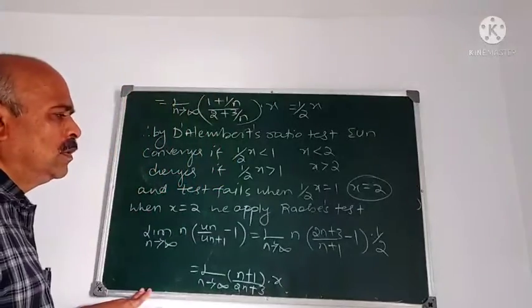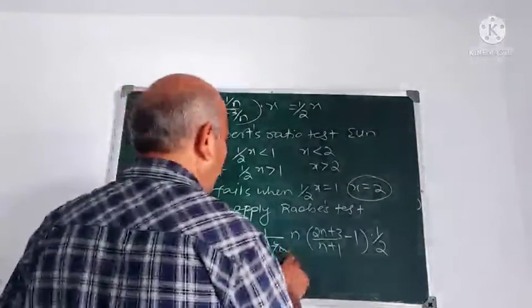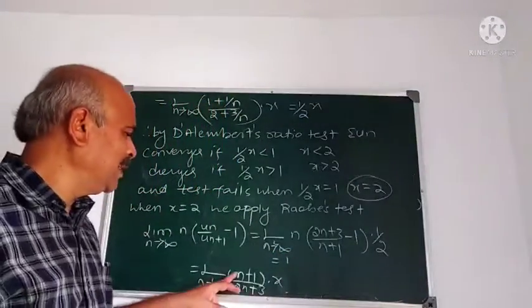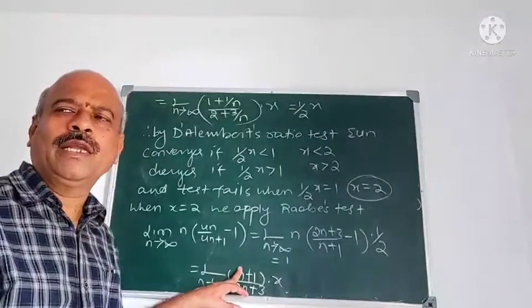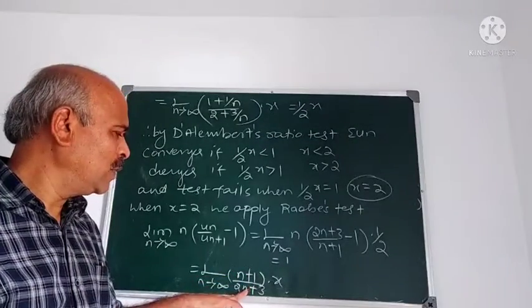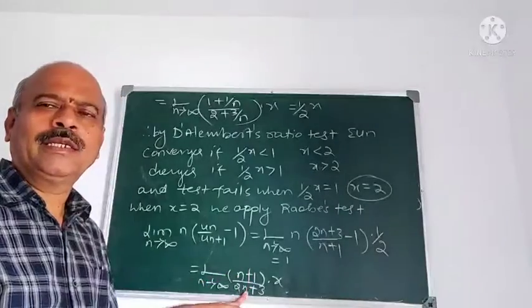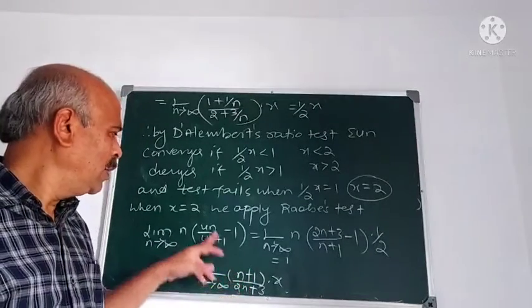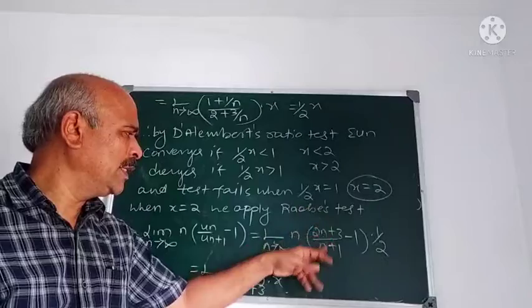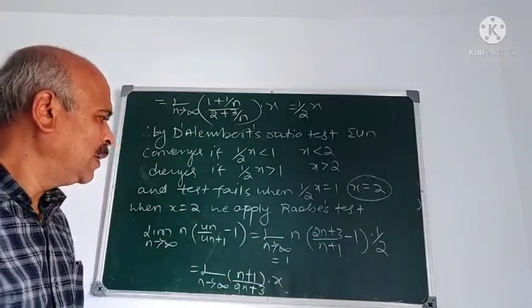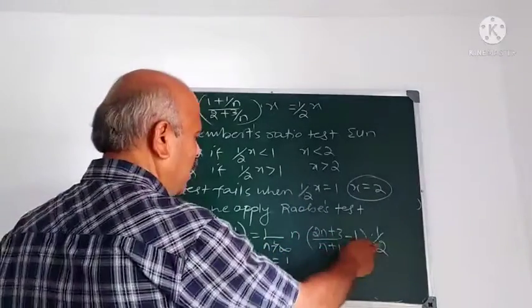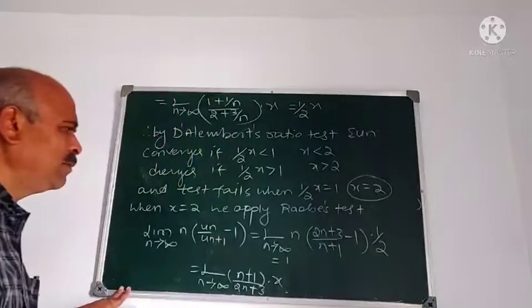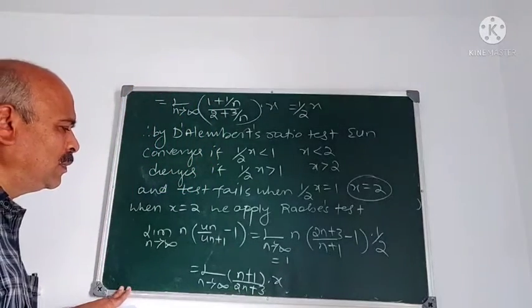I have directly taken this one. We calculated un plus 1 upon un for D'Alembert's ratio test, but we require un upon un plus 1, that is the reciprocal of that, minus 1, into x is half here.